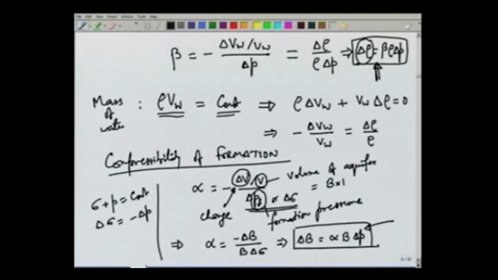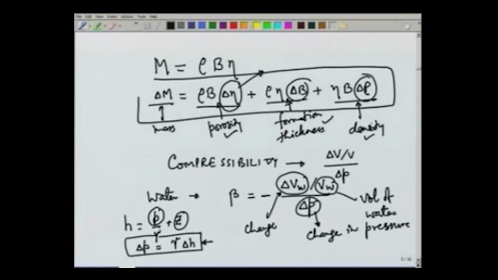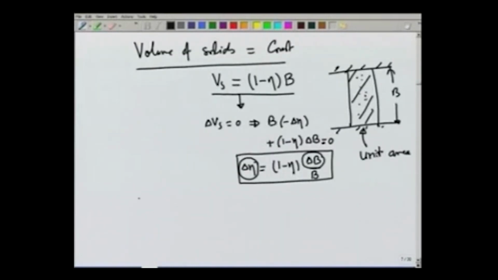So, putting all these three in this equation, which tells us total change in mass, we can obtain delta m in terms of the compressibility of the water alpha and the compressibility of the aquifer formation beta.